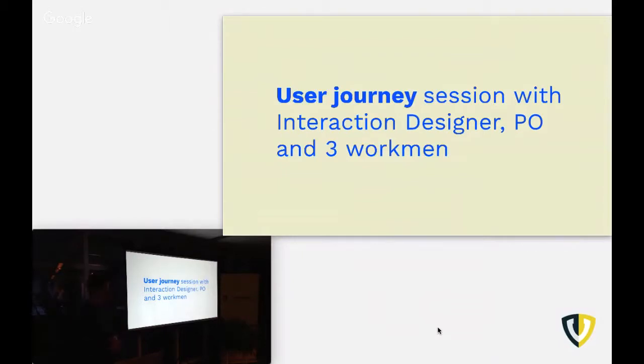And in this user journey session, we had to establish all the wants and needs of our clients, and sometimes the things that they think they want and need, we have to turn into a different want and need. Right, and at the end of the day, we had this list of ideas and a backlog, and some insight into their problems and the way they work. So this was very valuable for us to start off with.